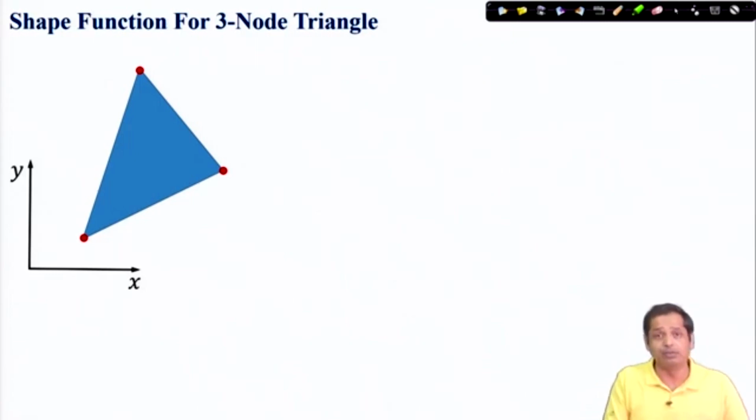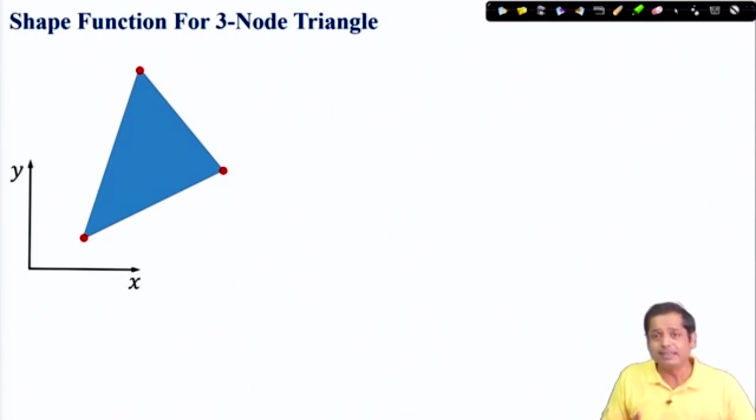The most basic element in 2 dimensions is a 3-noded triangle, because 3 nodes are the minimum requirement to have a 2-dimensional figure. So, let us see how to construct it, following the approach that we already discussed in the case of one-dimensional problems. We will construct shape functions for the most basic element.